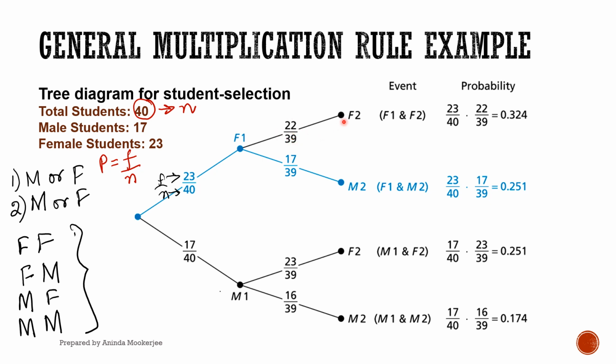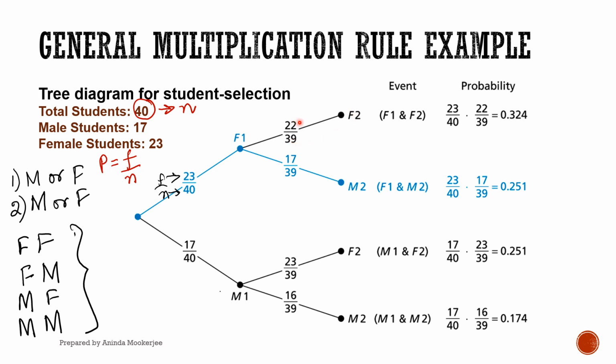Because that probability depended on the event that occurred previously. Because we picked one student in the first draw, my total pool is now depleted by 1. My total pool is reduced by 1, and that's why N has now become 39.